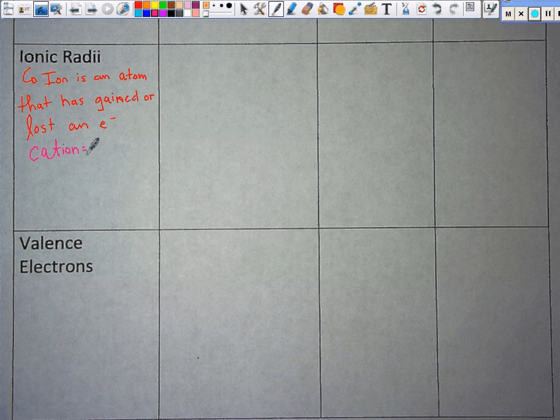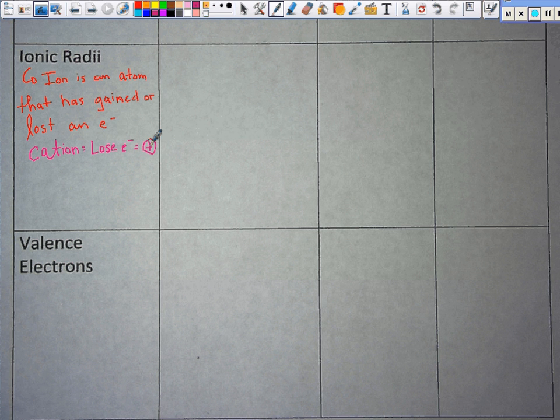We have the anion, or a negative ion. So what is it going to do with electrons? It's going to gain them. It's going to gain electrons, and its sign is going to be negative. So again, an easy way to remember these things is a negative ion, and cation has that positive looking plus t right there in the center. Okay, so that is what we're talking about.